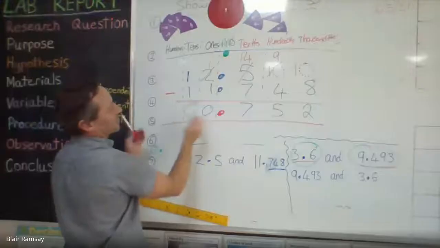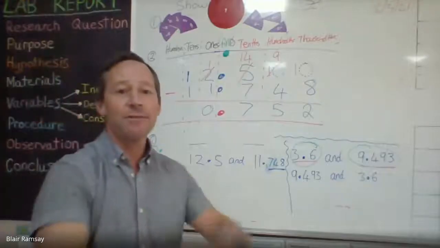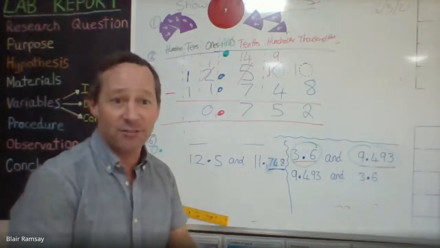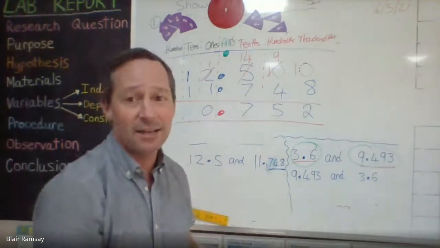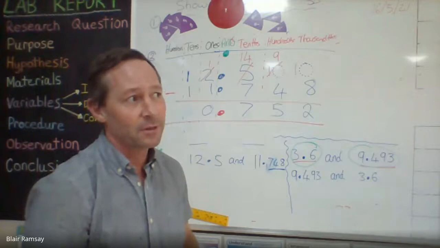And then 1 minus 1 is 0, and another 1 minus 1 is 0. And then it points, it's 0.752. Perfect.